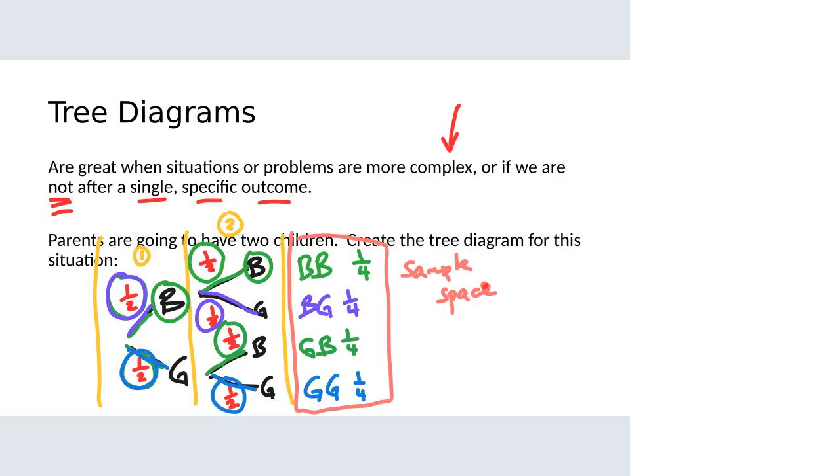Now what we can do, no matter what kind of question we're asked about this family that's having 2 children, is we can answer questions using this sample space that we just created. Let me show you what I mean by that.